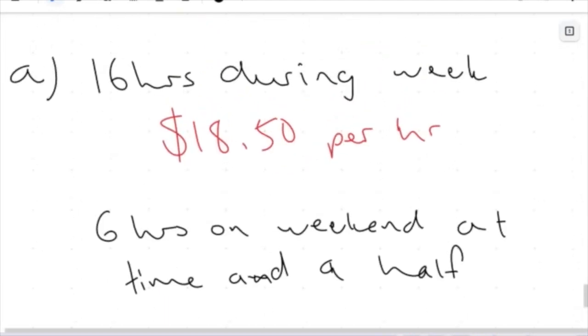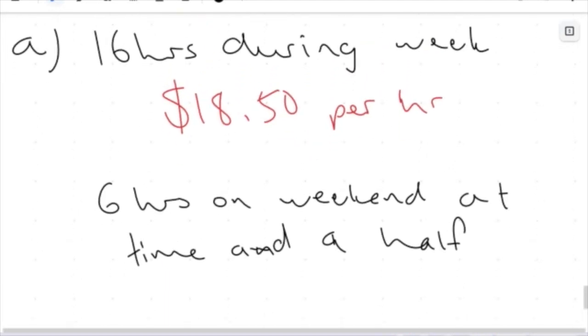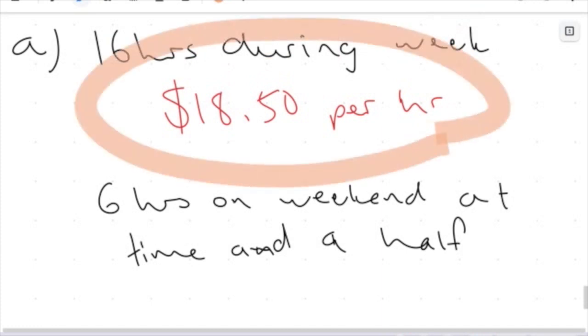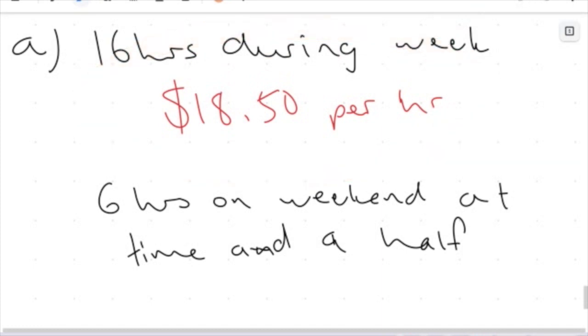First, we're going to go with the easier thing to calculate, and that'll be our 16 hours at your regular pay rate of $18.50 per hour.